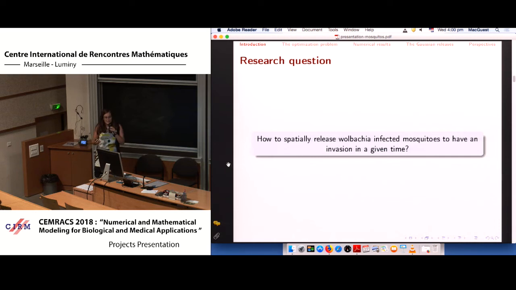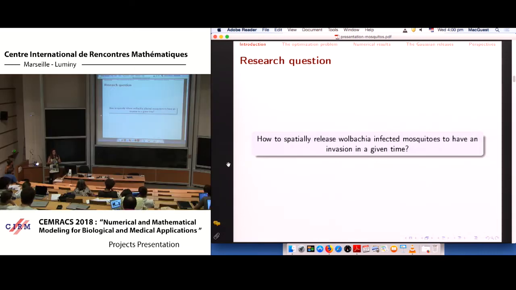Knowing this, we developed our research question: how to spatially release a Wolbachia-infected mosquito population to have an invasion in a given time. Practically, in the lab we can breed a lot of these mosquitoes, but it is costly and needs time.